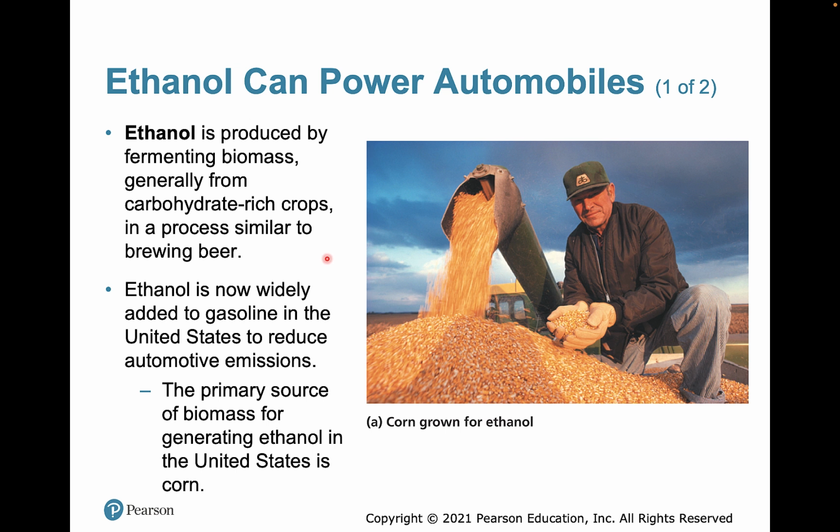So ethanol is one of the fuels that we can use. It's produced by fermenting crops like corn, and it's pretty widely used in the United States. And we use corn mostly for that. It has reduced a lot of our auto emissions.